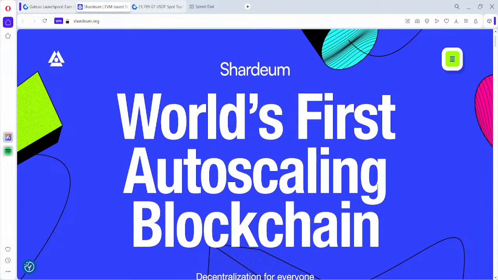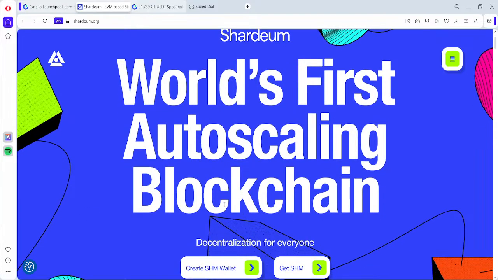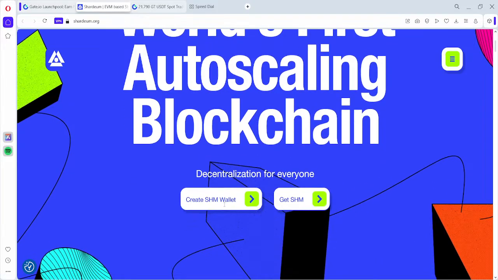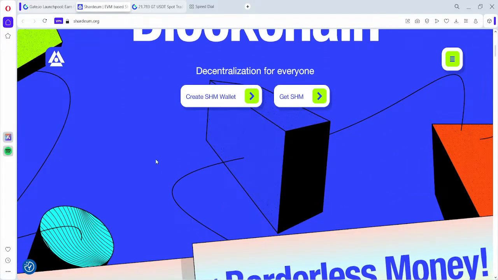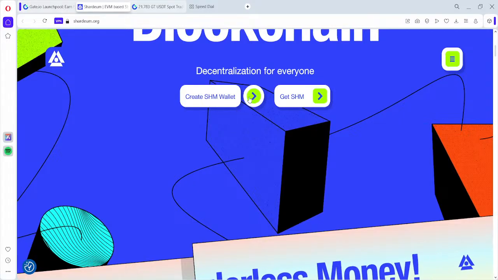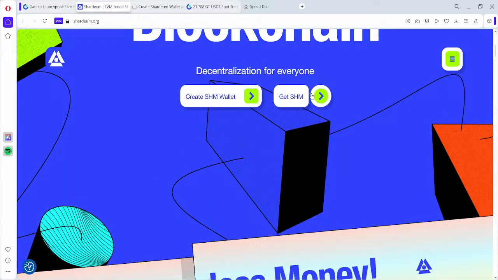Okay, so we'll discuss the project briefly, what this Shardeum is and what they are trying to do, and how you can understand it easily. If you don't have a wallet, you can create one on your own, and you can trade the assets.